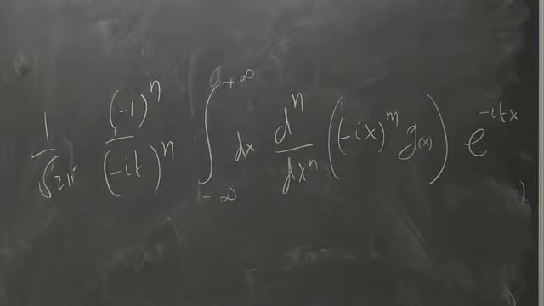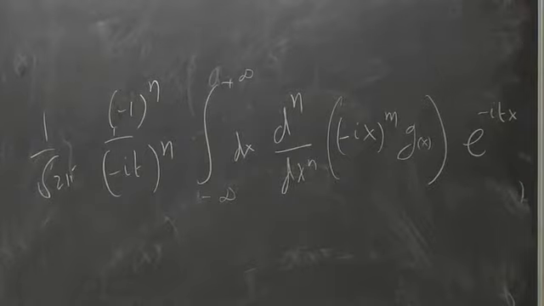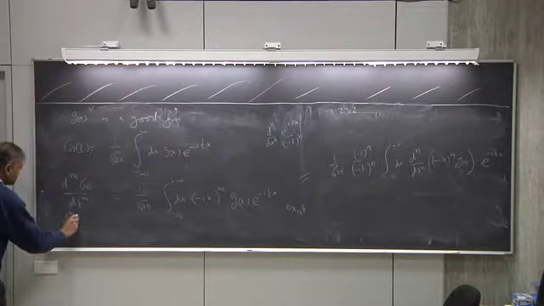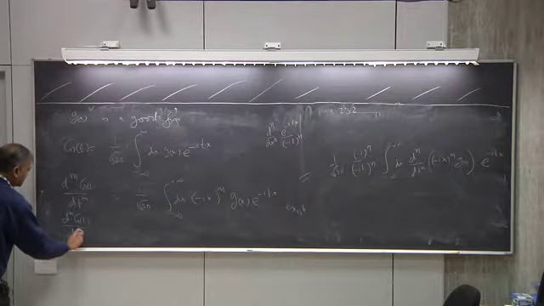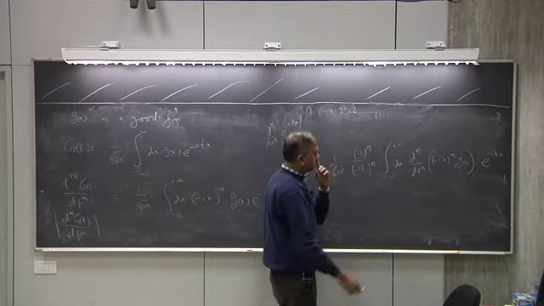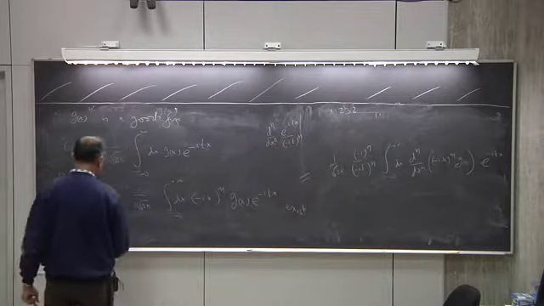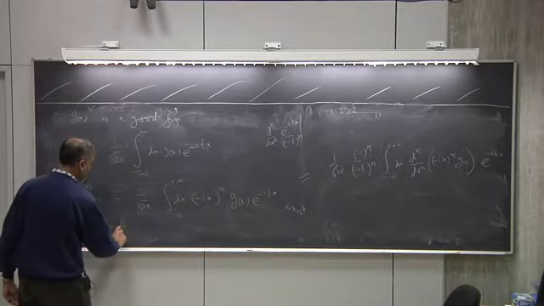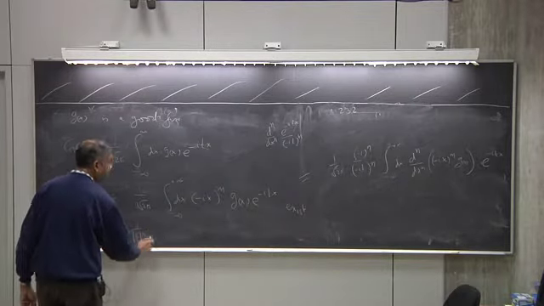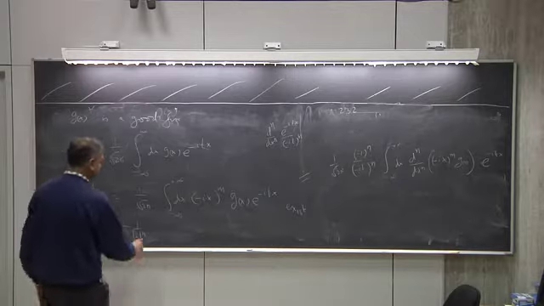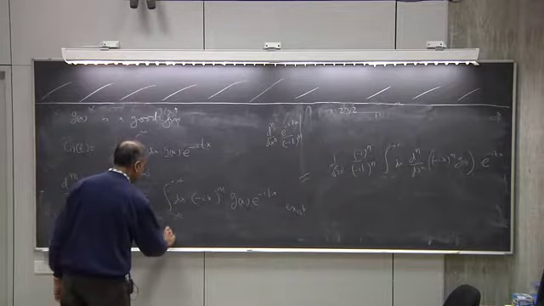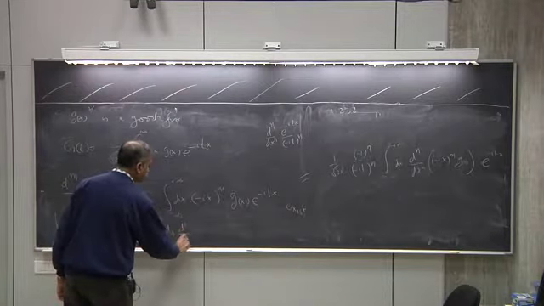So this quantity is equal to that. If I take the modulus of d^m g(t) over dt^m, that's going to be the modulus of that. So you find this is equal to 1 over root 2 pi, 1 over modulus of t to the n, and the modulus of this integral dx d^n by dx^n.